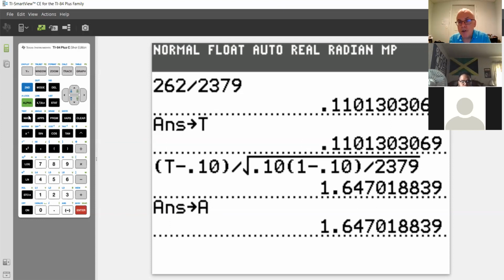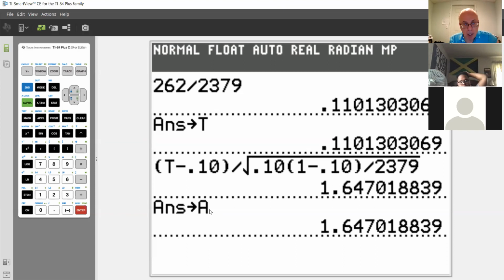I have two things in memory. I have the sample proportion in T, and I have the test statistic in A. Now you could pick any letters you want, whatever makes sense to you. I'm just doing this randomly, all right? T and A means nothing. It's just letters I'm storing it into. So you pick the ones you want.